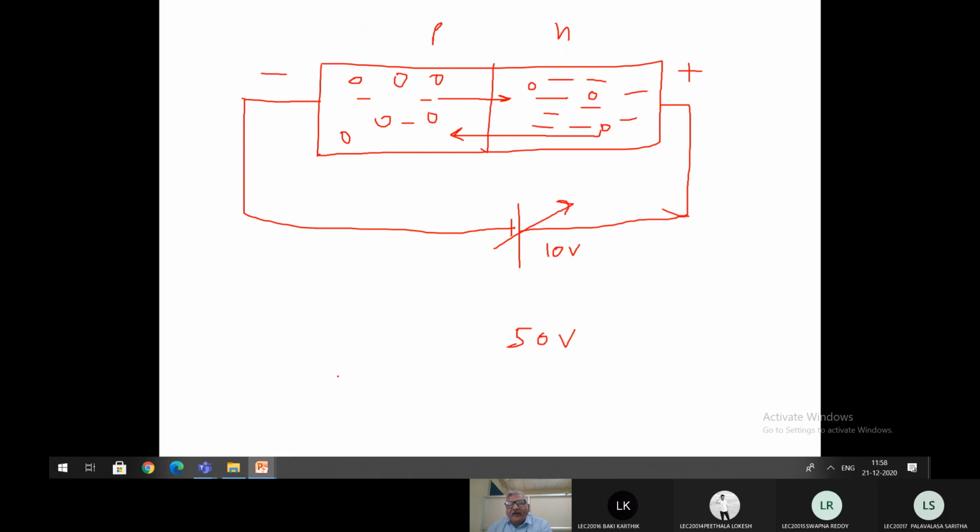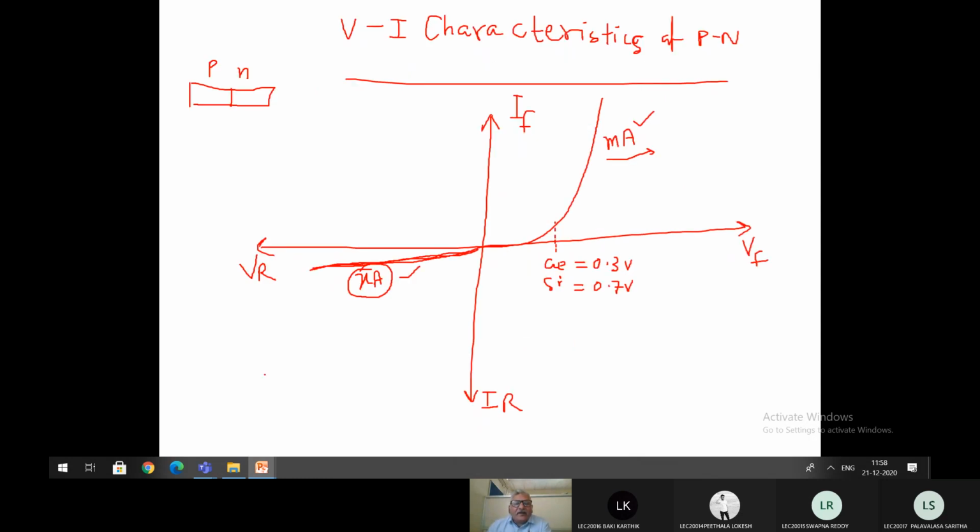The number of minority carriers will increase if you increase the temperature, because more and more valence electrons will go to the conduction band and create more minority carriers. That's why the reverse current is also called the reverse saturation current.